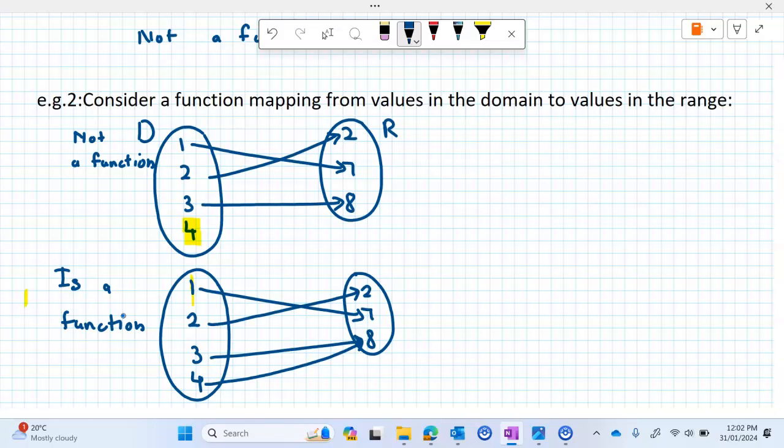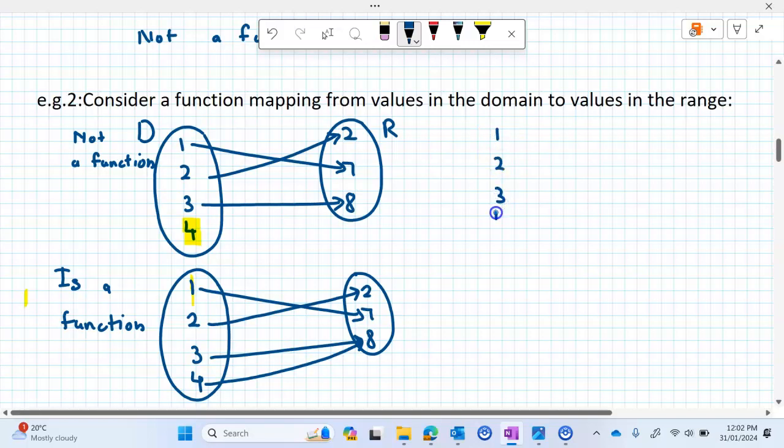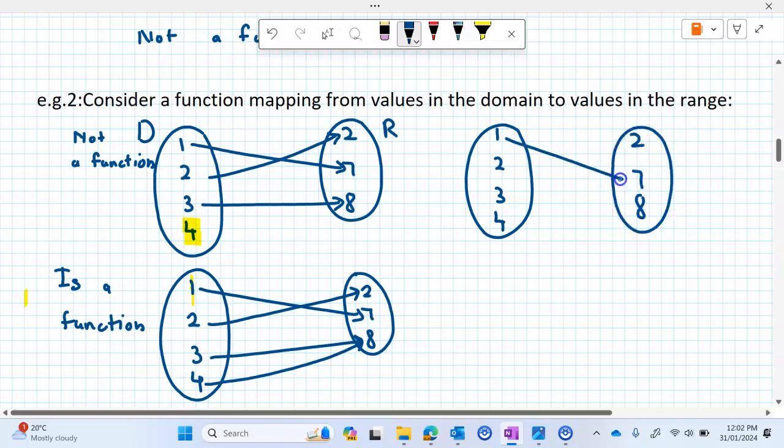Now, if we do one more example with this idea of mapping, here's my domain again, and then the range. And 1 went to 7, 2 went to 2, 3 went to 8, and we said 4 went to 8. But let's also say that 4 went to 2.